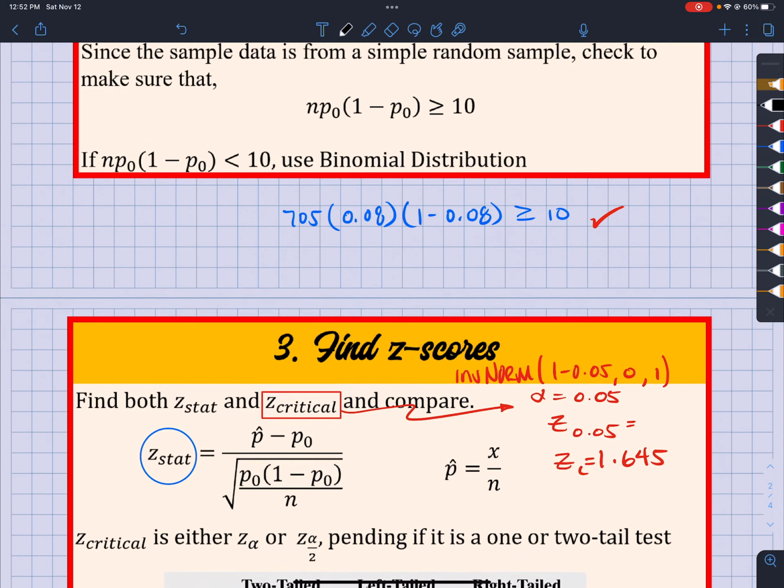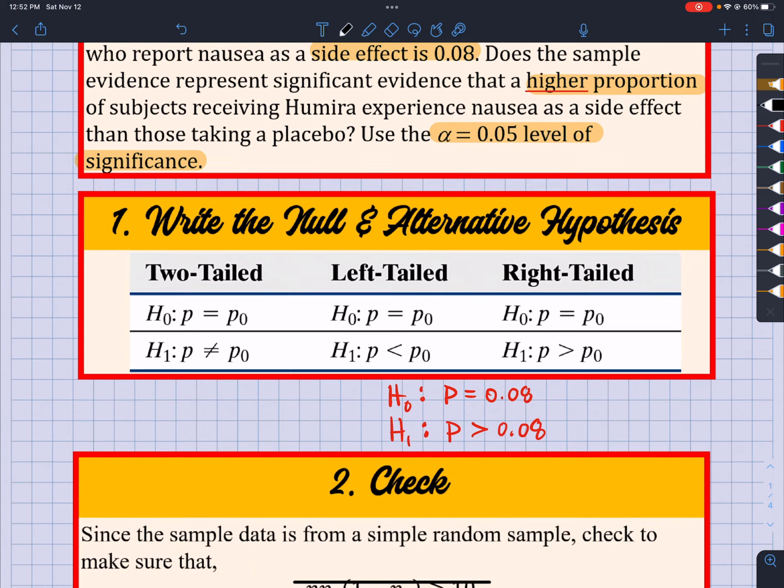It does say level of confidence up there, right? Oh, of significance.